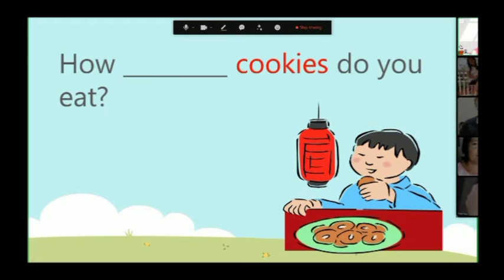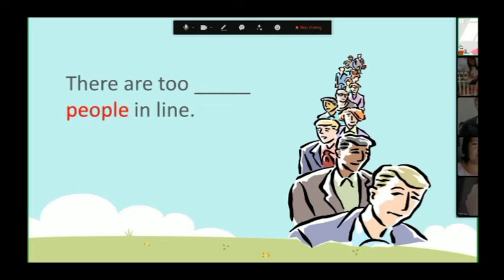Okay, next example. How many cookies do you eat? Is that correct? Yes, that's correct, because cookies is countable. Very good. Okay, next.